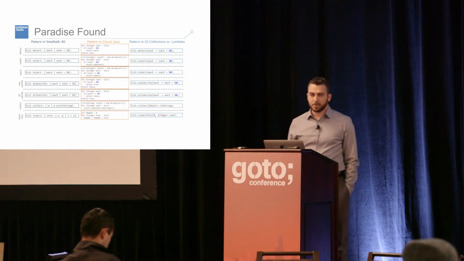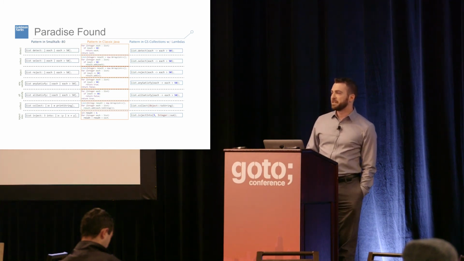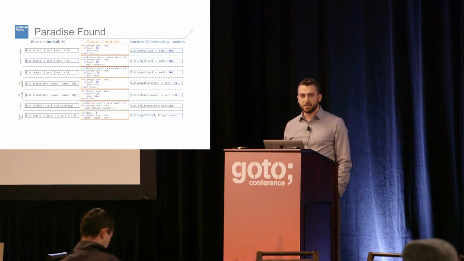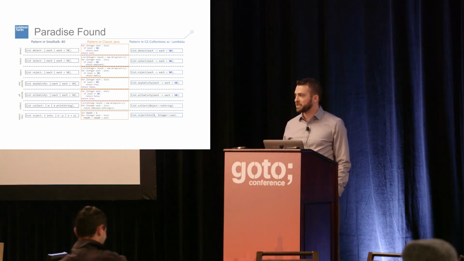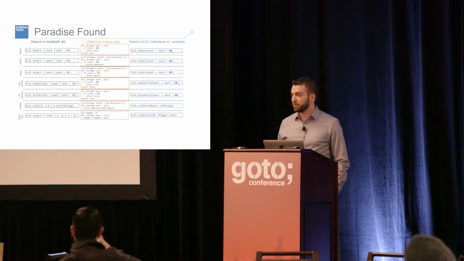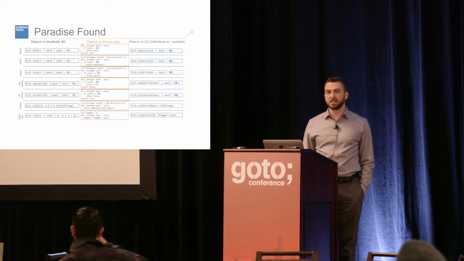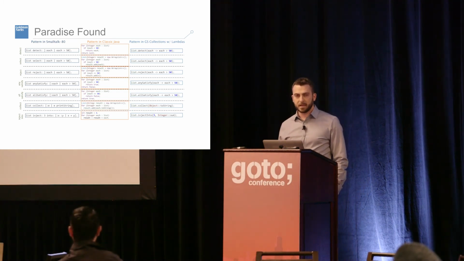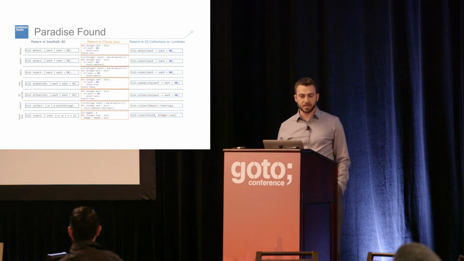So on this slide, on the left-hand side, you can see these Smalltalk 80 patterns that have been around forever. And in the middle column, here's the code that we've been writing in Java 1 through Java 7 to achieve the same thing, but with more lines of code. And usually the intent is buried on the inside of the loop. On the right-hand side, we have JS Collections.